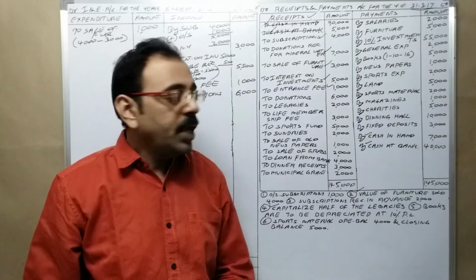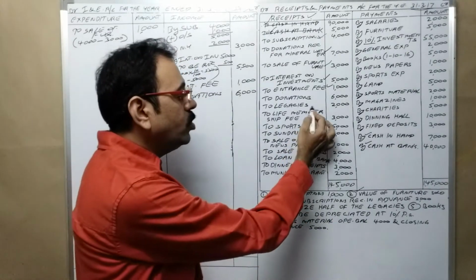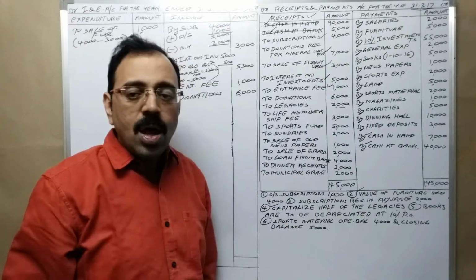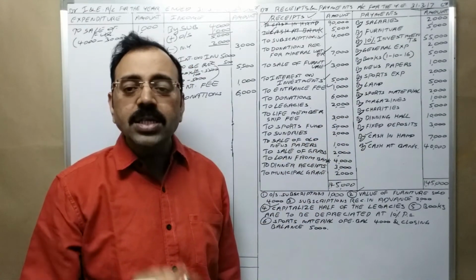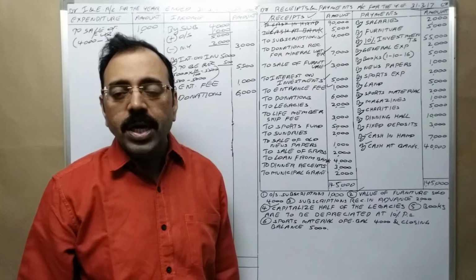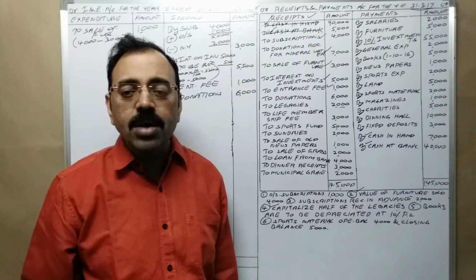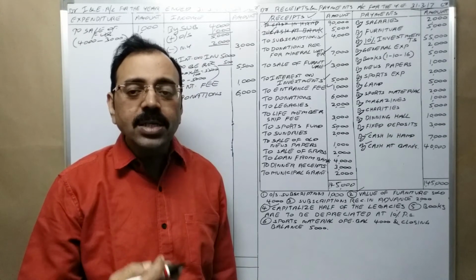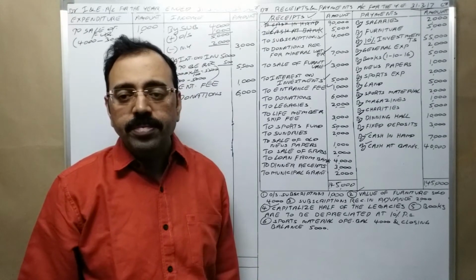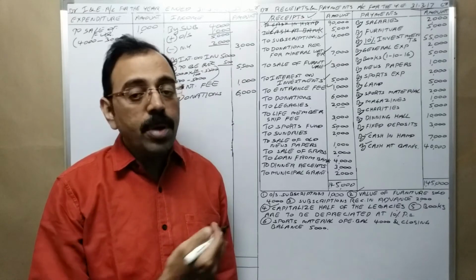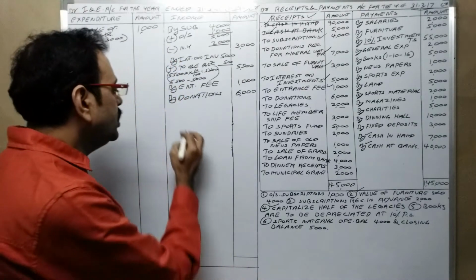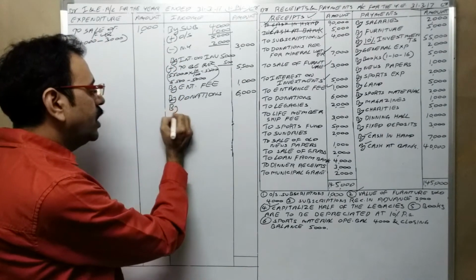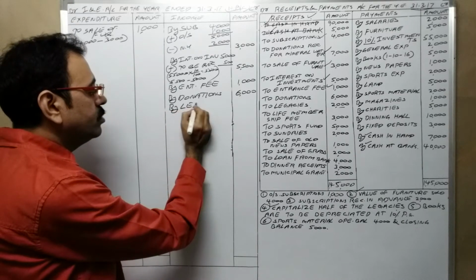What does it mean? Of the total legacy amount of 2,000 rupees, half, that is 1,000 rupees, is to be taken as capital income and the other 1,000 rupees is to be treated as revenue income. That revenue income appears here. Which side? Credit side.